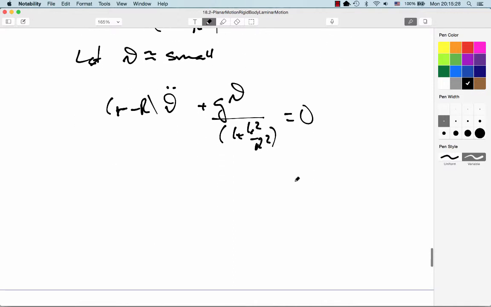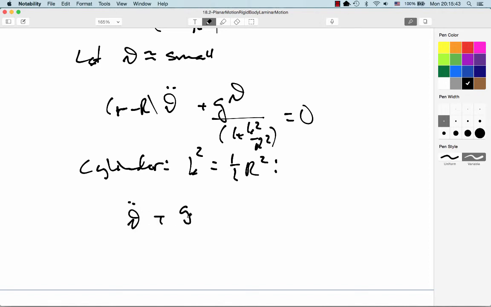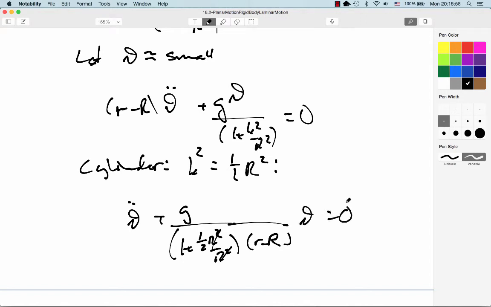All right, so for a cylinder, recall that k squared is equal to 1/2 r squared. So then this will become theta double dot plus g over 1 plus 1/2 r squared over r squared, cancel, cancel, R minus r, theta equals 0.